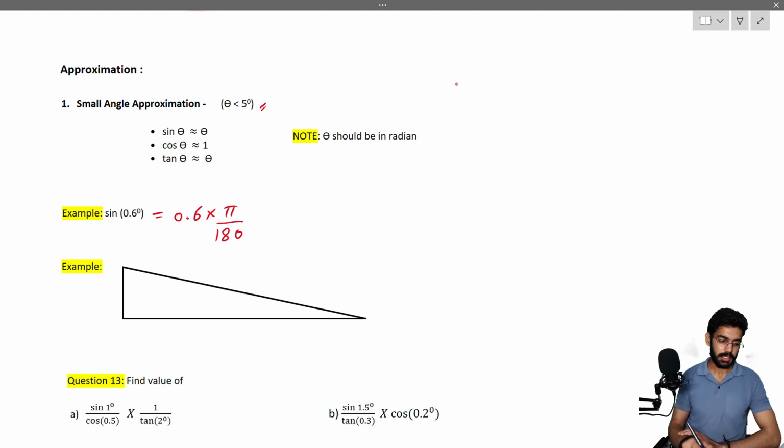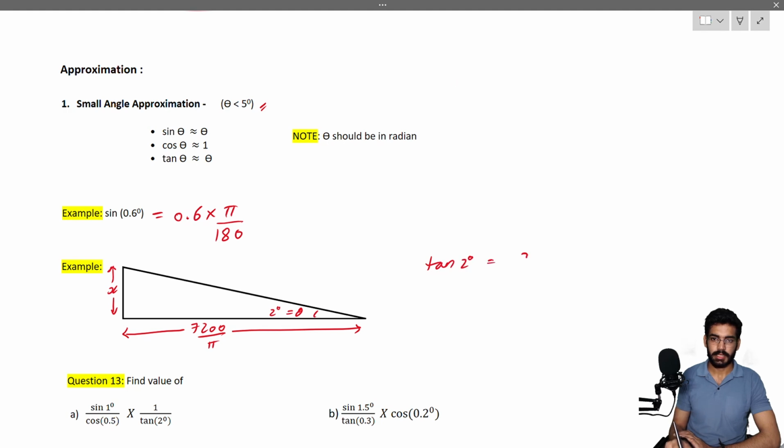Next question we have: this length is given as x and this length is given as 7200 by pi, and this angle theta is 2 degrees. Now from this triangle I can write tan of 2 degrees is equal to x by 7200 by pi, right?